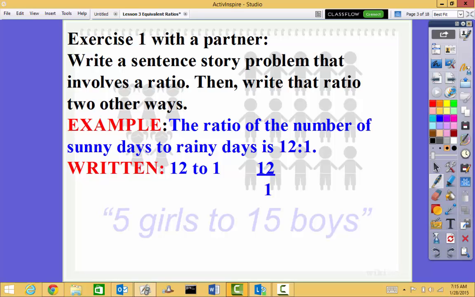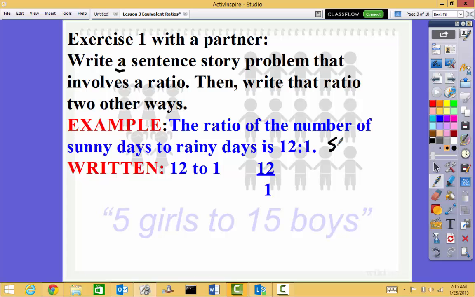So with a partner, you're going to write a one-sentence story problem that involves a ratio. So remember, this A means 1. Then you're going to write that ratio 2 other ways. So here's an example of what we're looking for. The ratio of the number of sunny days to rainy days is 12 to 1.